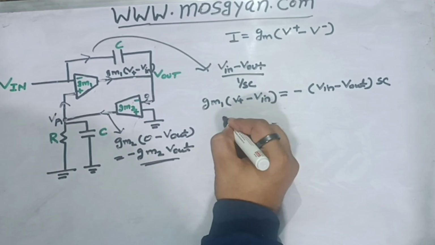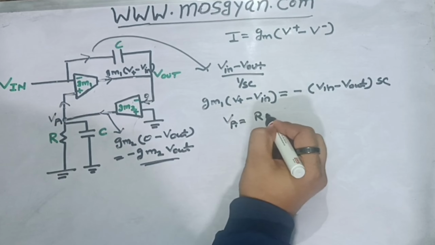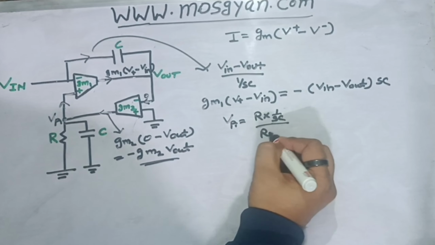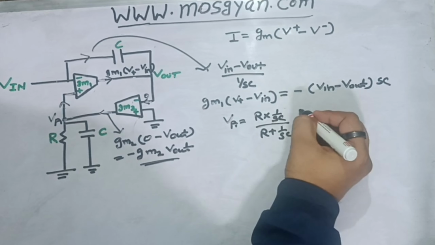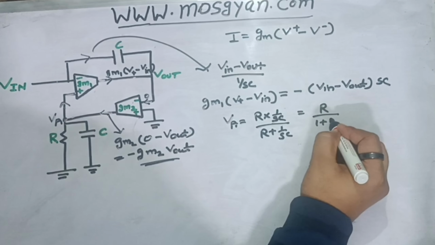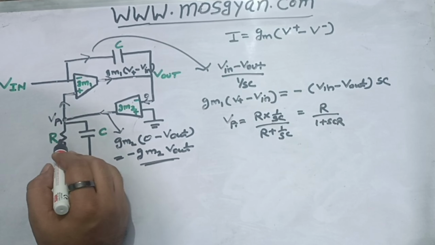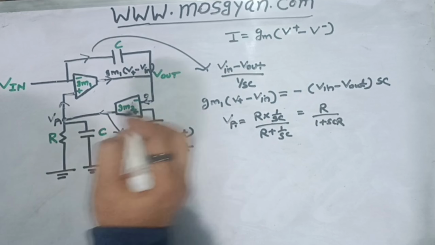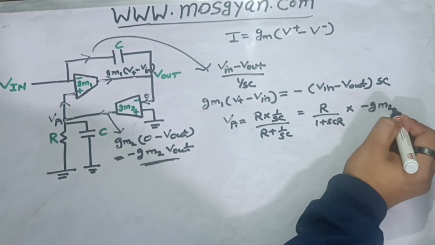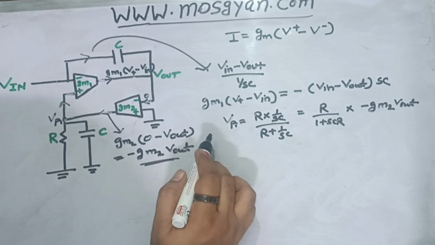So VA would be equal to, since R and C are in parallel, R into 1 upon SC upon (R plus 1 upon SC), and this would be equal to R upon (1 plus SCR). This is the impedance which we have calculated just now, and this will get multiplied with the value of current, Gm2 Vout. So this is the voltage which will be here at VA.